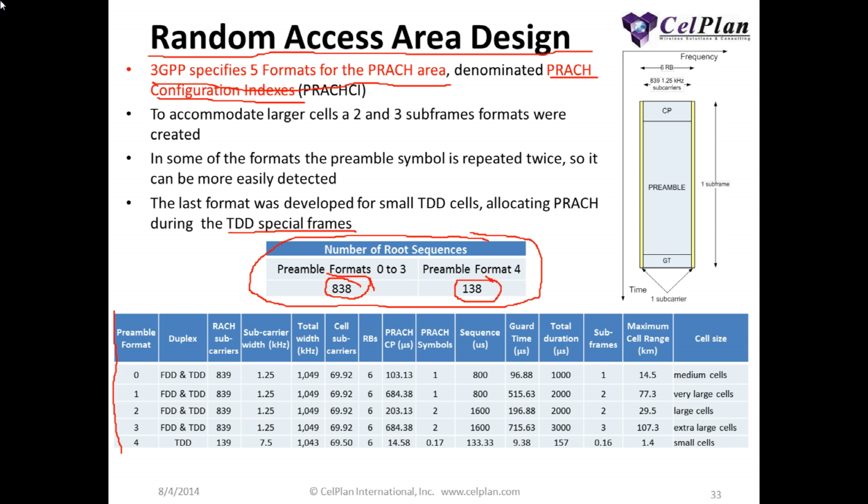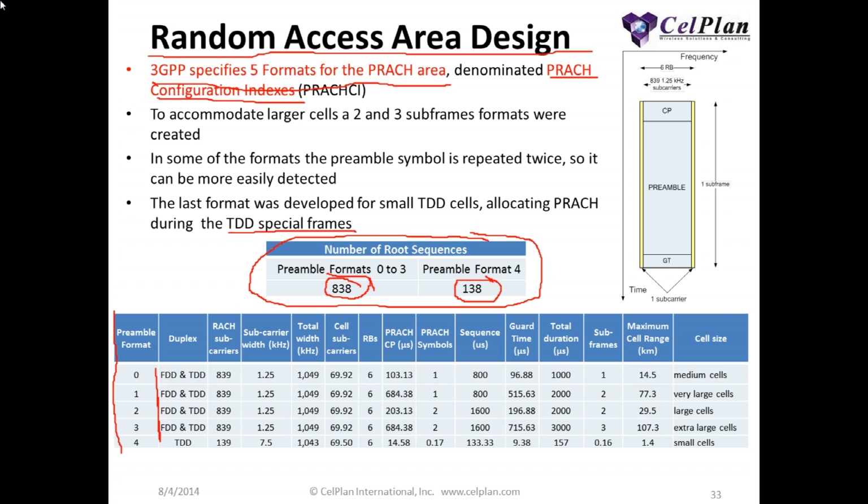So basically the 0, 1, 2, and 3 formats are FDD and TDD. And here is the main information. Well, why do we have so many formats? Basically, the reason to have those formats is the size of the cell.